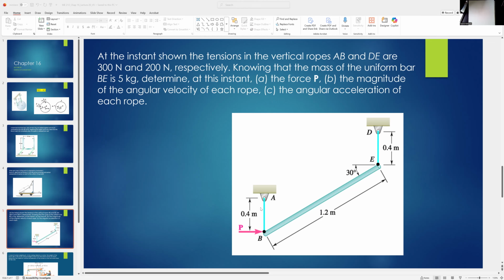However, these ropes at that instant are just rotating, I'm sorry. So these are rotating, so they'll have an omega and an alpha, both of them, and the bar will just have a translation, if that makes sense. So think of it as just going from up, and I can show that on the paper. So let's go ahead and look at this one.